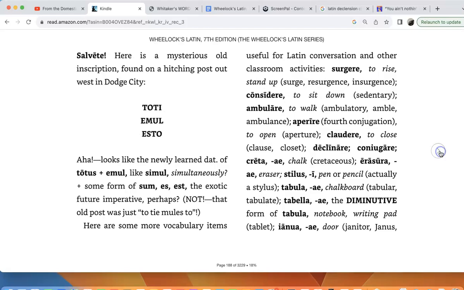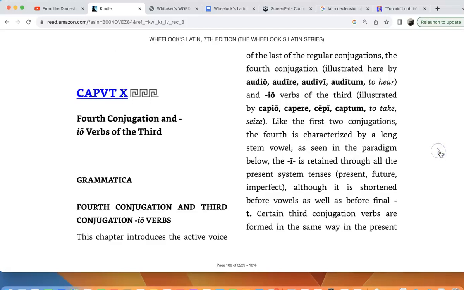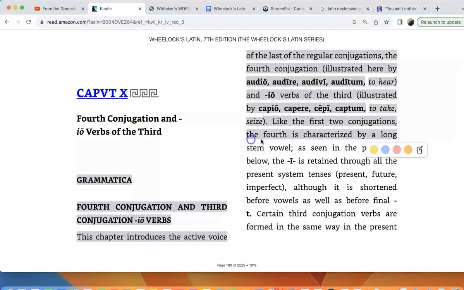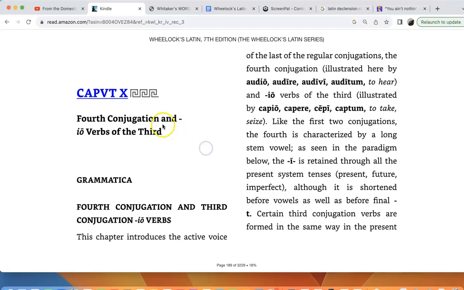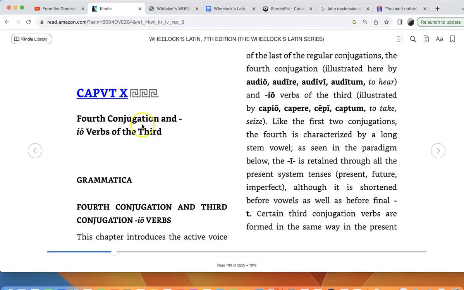Let's see, I passed it by already. No, chapter 10 is fourth conjugation, which is IRE. So it'll be similar to what we just talked about today, but verbs that end in IRE versus the letter E, or E with a macron, or A.